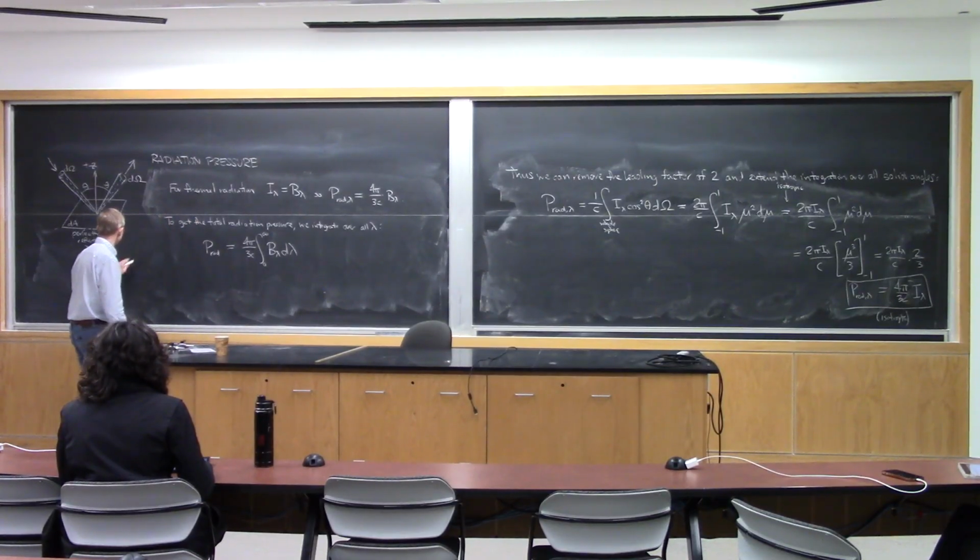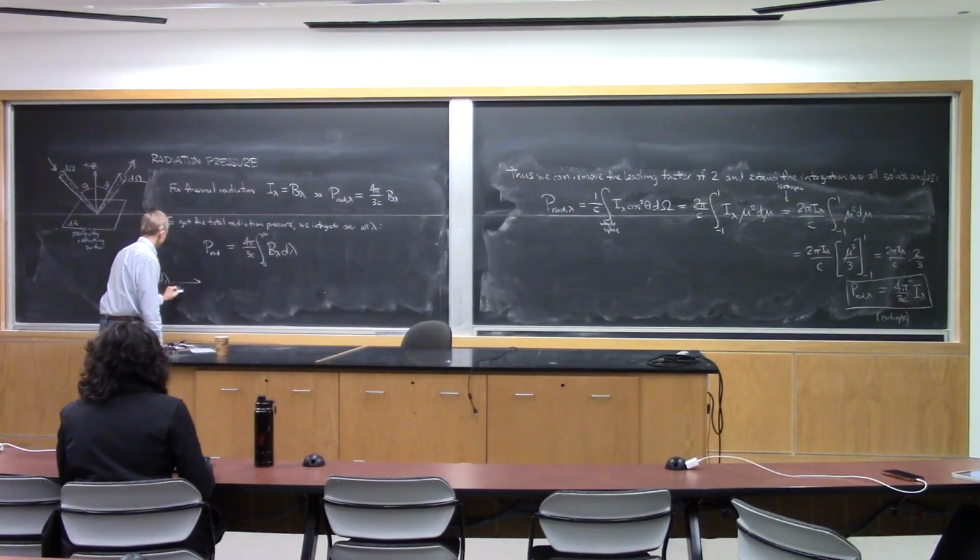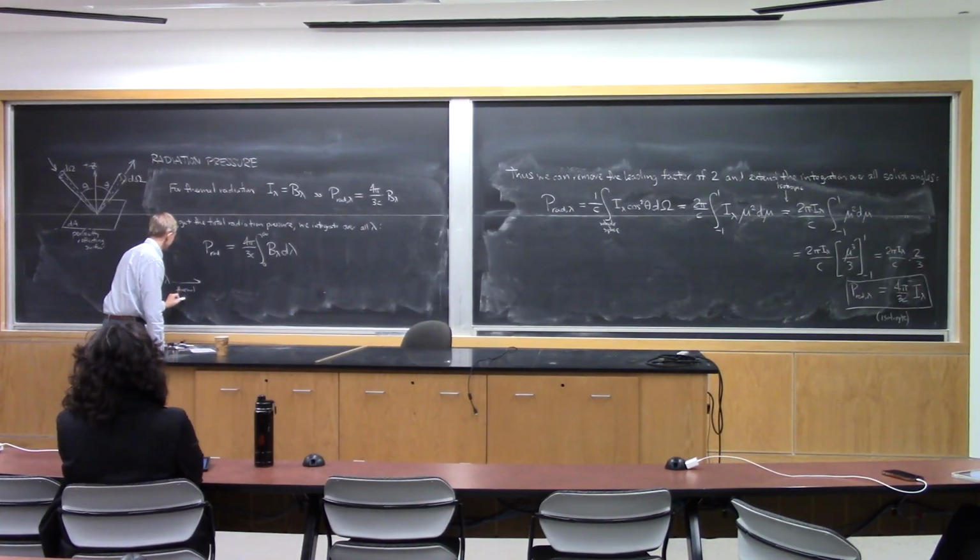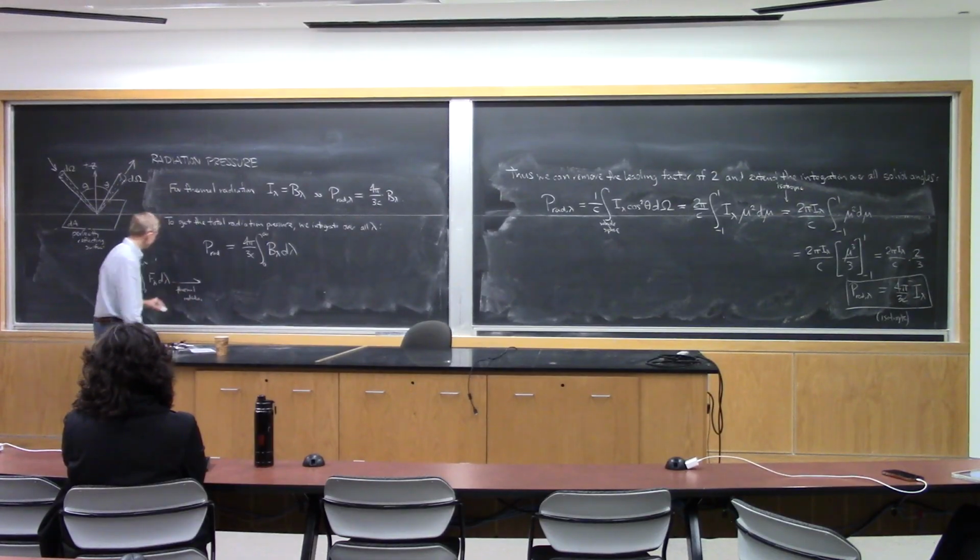So F is the integral of F lambda over all wavelengths. If it's thermal radiation, ideal black body radiation, what is F for black body radiation integrated over all wavelengths?